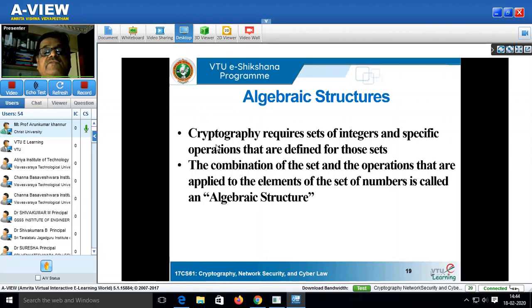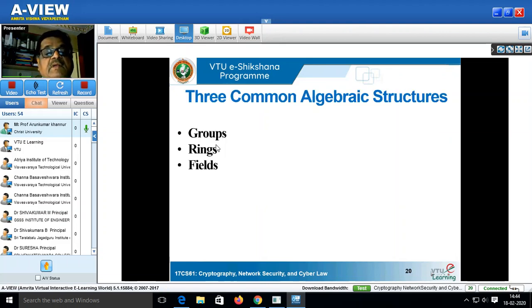The combination of the set and the operations applied to the elements of the set is called an algebraic structure. There are three common algebraic structures: groups, rings, and fields.